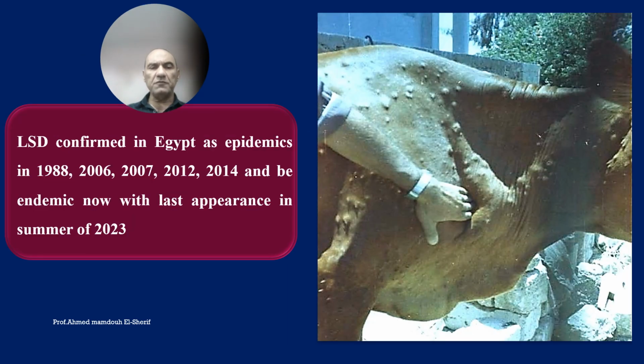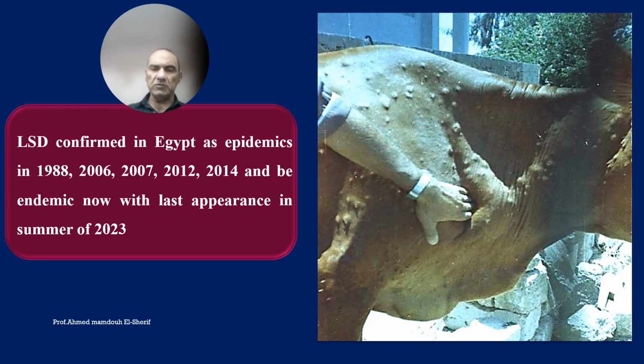Lumpy skin disease was confirmed in Egypt as epidemics in 1988, 2006, 2007, 2012, 2014, and it is endemic now, with the last appearance in the summer of this year, 2023.